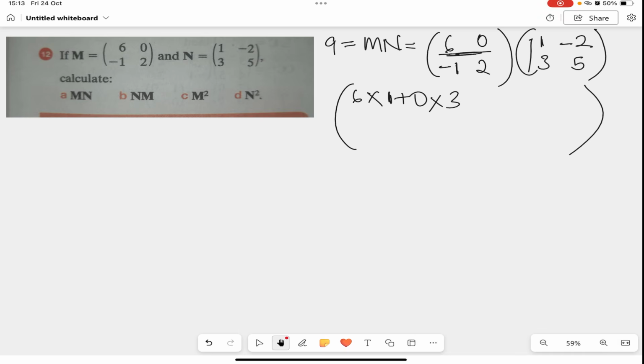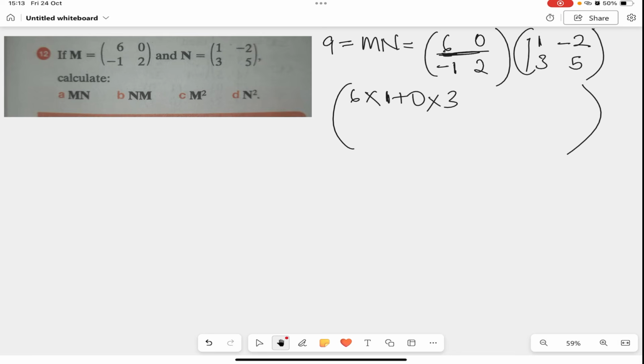In that case, we'll have still 6 times minus 2 plus 0 times 5. So we're done with first row, first column, and first row, second column.